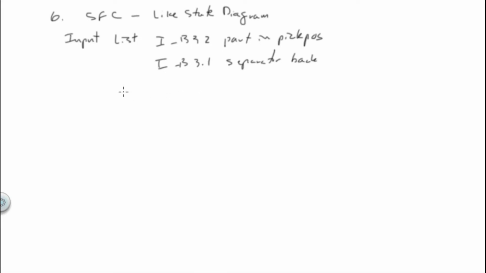Now, what are your outputs? Separator forth. This would be something that you would tie to a Q or an output. Separator back.